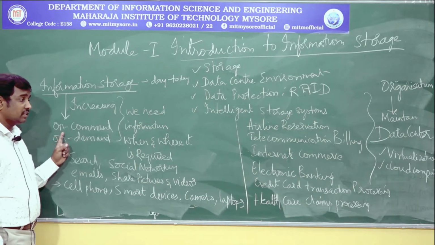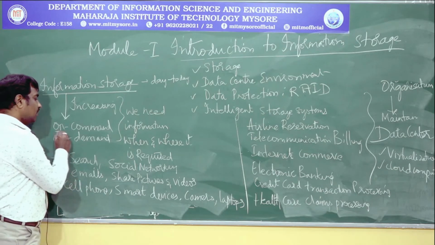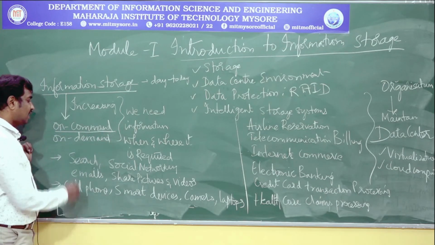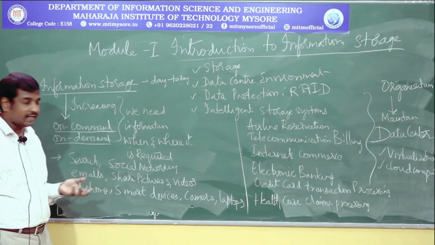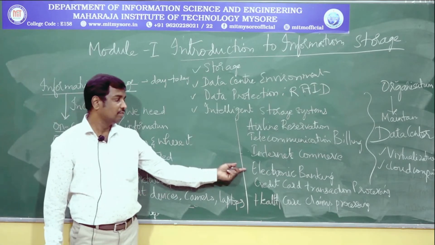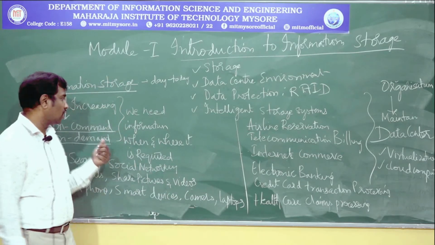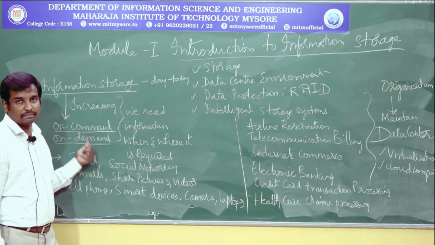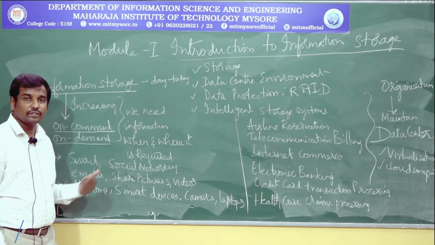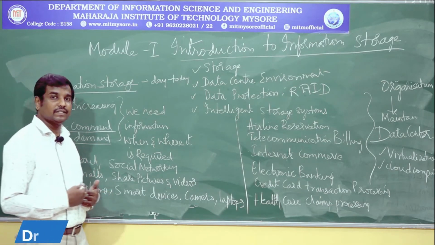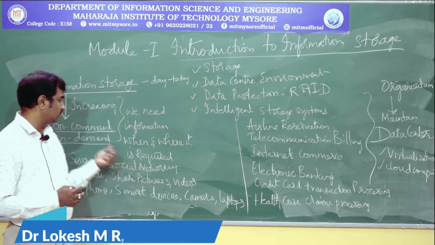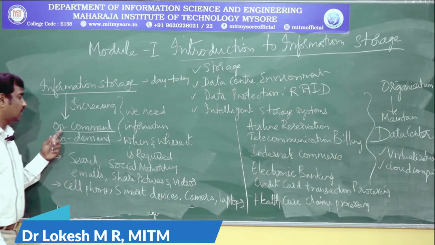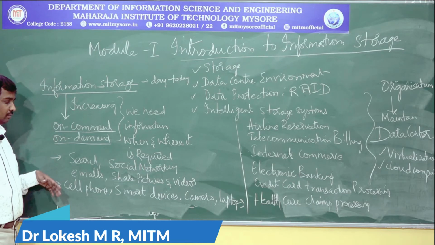So information can be provided either on demand or on command. For example, our banking people will be asking for our information on command, on demand. Like that, information will be shared by the end users for generating the important applications, by on-demand or on-command information.